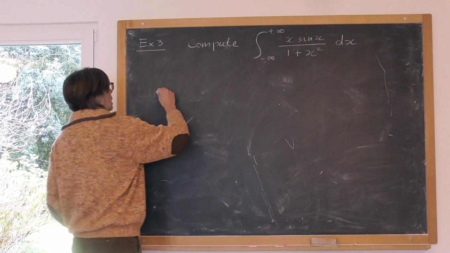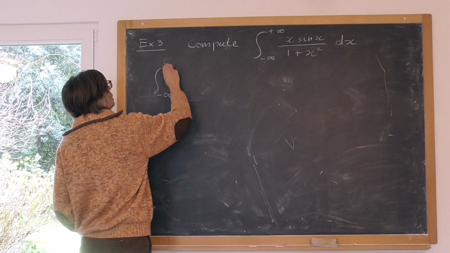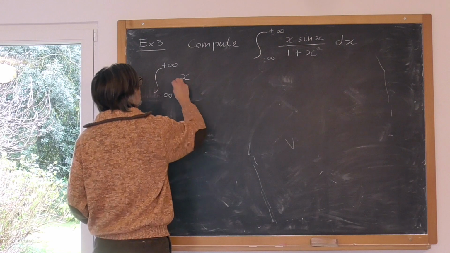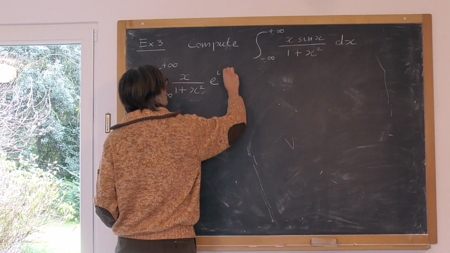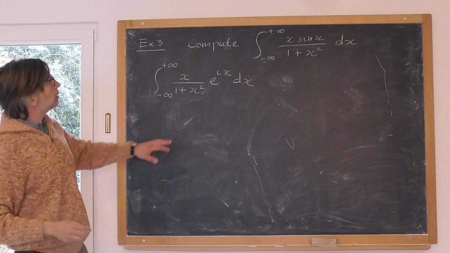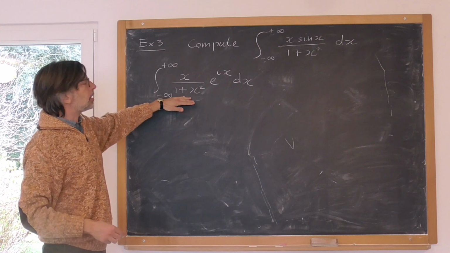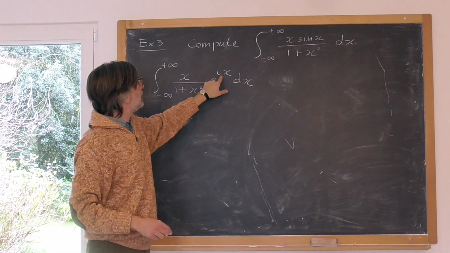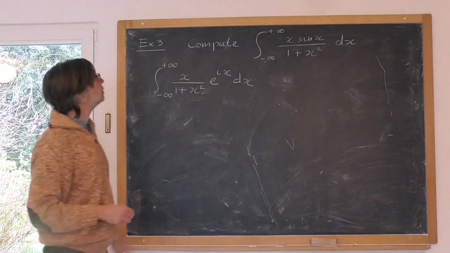So the natural idea is, of course, to first compute the integral from minus infinity to plus infinity of x over 1 plus x squared times e to the i x dx. Just because we will get this integral by taking the imaginary part of this. The imaginary part of e to the i x is precisely sine x.